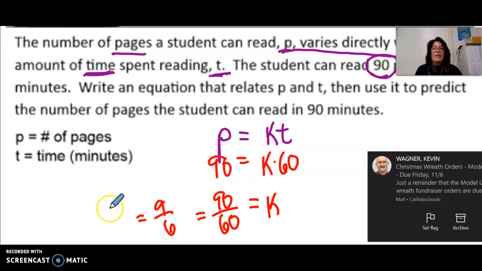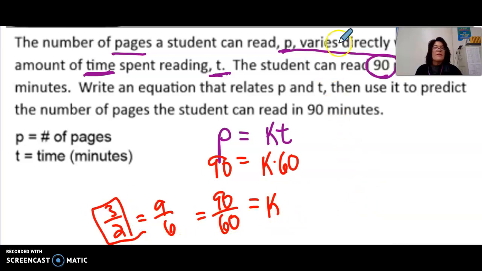If I divide that by 3, 3 over 2. We want to reduce it. So my final equation is P equals 3/2 T. So now you tell me the time, you tell me the pages, tell me anything. I know I'll be able to tell you the other variable.